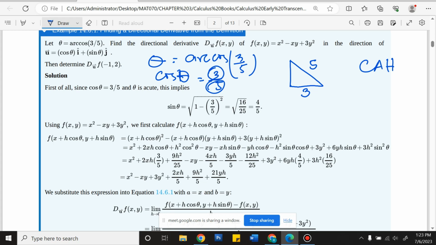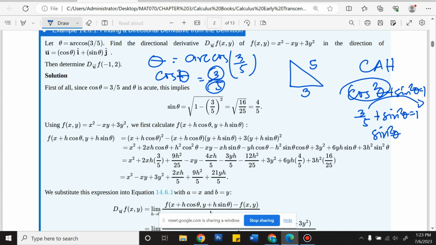Or we can use the identity, cosine squared theta plus sine squared theta is equal to 1. Using our value, that is 3 over 5 plus sine squared theta equals 1. Transposing, I will have sine squared theta equals 1 minus 3 over 5.